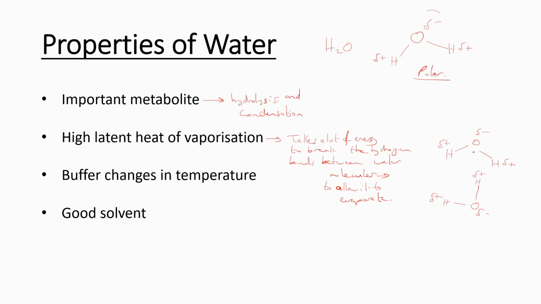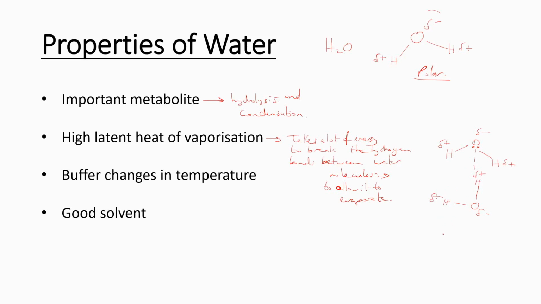So water molecules can attract to each other, and the delta negative oxygen forms a weak interaction with the delta positive hydrogen because of the opposite charges. If you do A-level chemistry, you will need a lone pair of electrons here, because oxygen has a lone pair. In biology, we don't worry too much about that. So this bond allows water molecules to interact with each other.